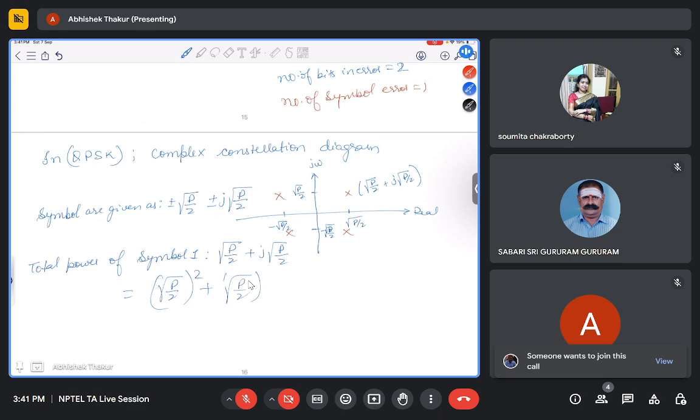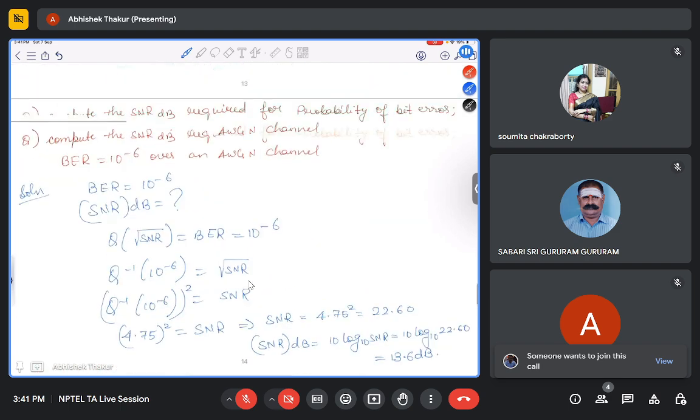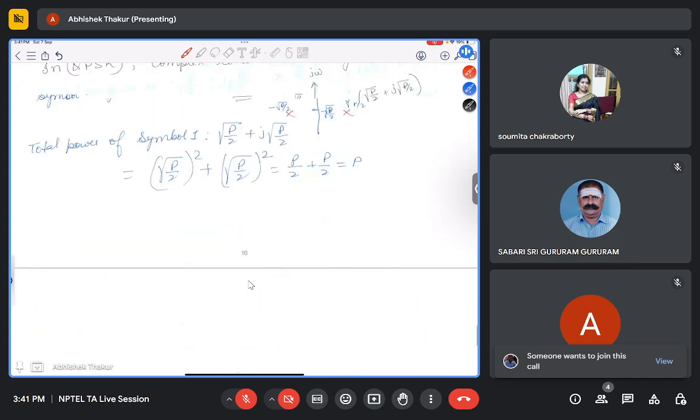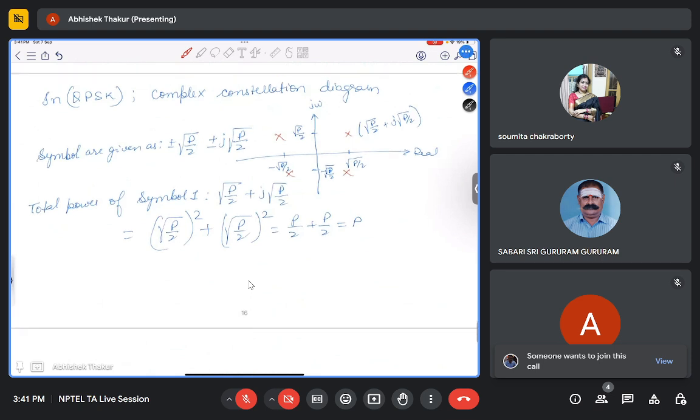Generally this is the power, so this will be P by 2 plus P by 2, that is equal to P, which is constant. That was the same in BPSK also, because it was square root of P and minus square root of P. So the total power of each symbol is P.